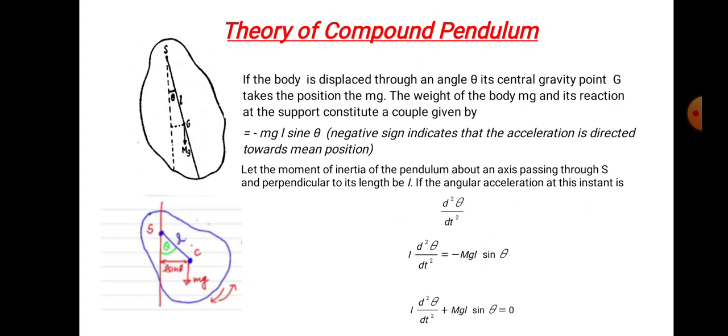So the moment of inertia times angular acceleration, I d square theta by dt square, is equal to minus mgL sin theta. As I told, the negative sign indicates that the acceleration is directed towards the mean position. Take this entire term to this side: I d square theta by dt square plus mgL sin theta is equal to 0.